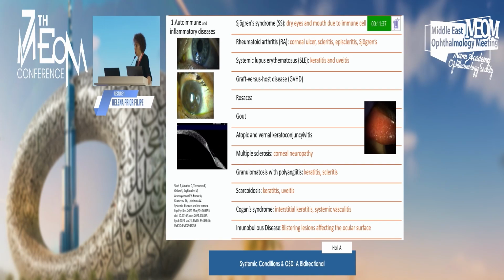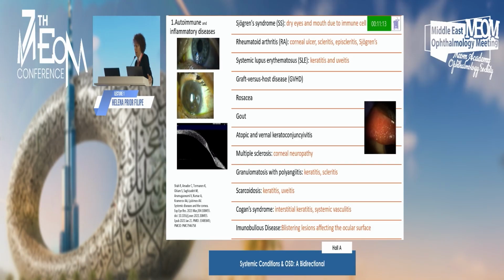We have also all the manifestations of allergy. We have here the supratarsal papillae associated with vernal keratoconjunctivitis, and also with other diseases such as multiple sclerosis, granulomatosis with polyangiitis.